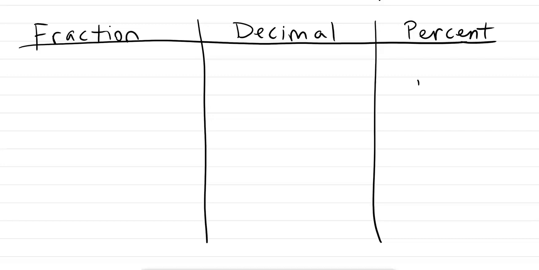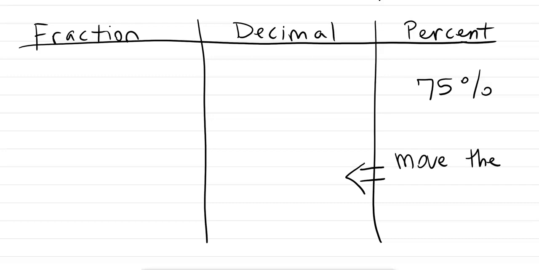So let's say I gave you this percentage, 75%. We want to know what that is as a decimal and then what that looks like as a fraction. So if you have a percentage, now we're going to go to the left on this table. In a percentage, you're going to move the decimal point 2 spaces to the left.